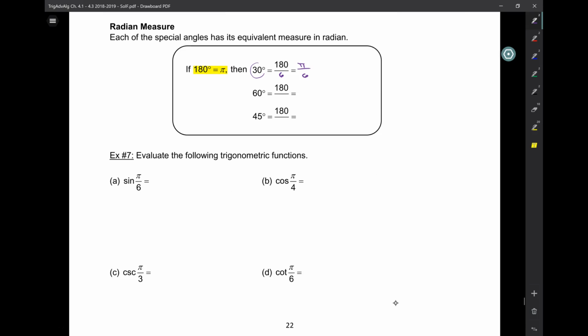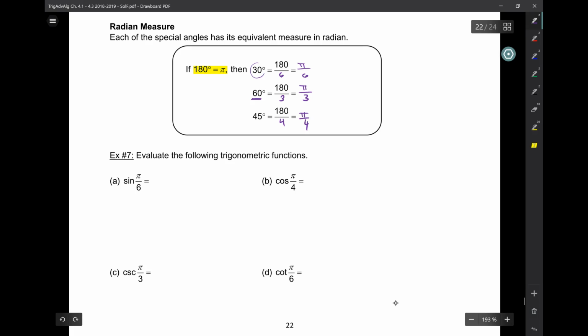Let's think about the next one. It's 60. 180 divided by what would be 60? 3. If 180 divided by 3 is 60, that means it's pi over 3. So this is how I can quickly go back and forth between 30, 60, 45, and pi over 3, pi over 6, pi over 4. 45 happens to be 180 divided by 4, so that's just pi over 4.